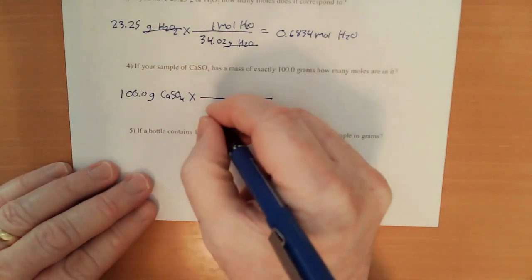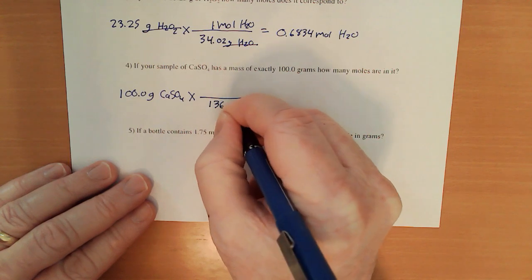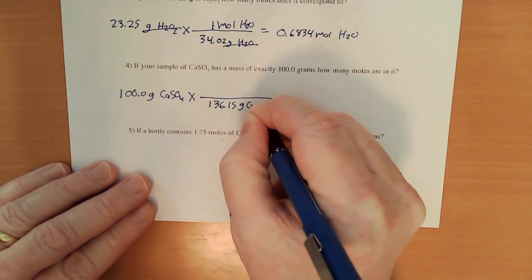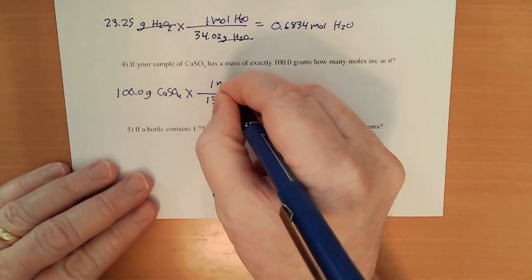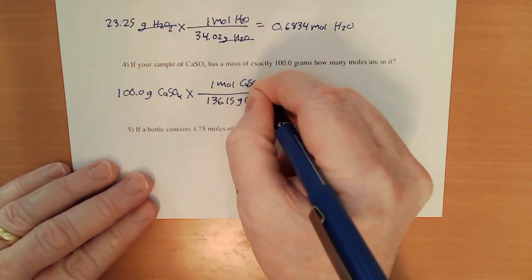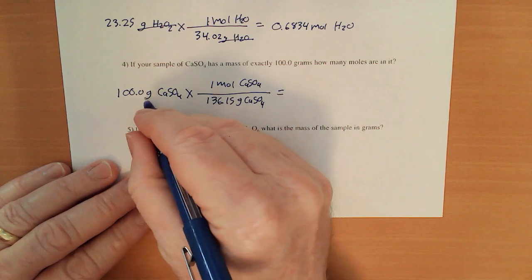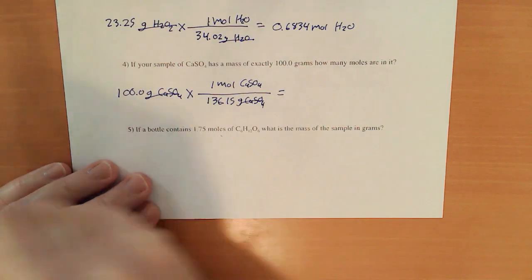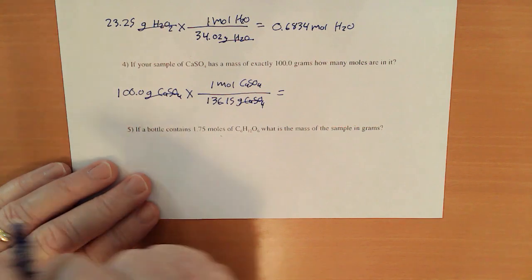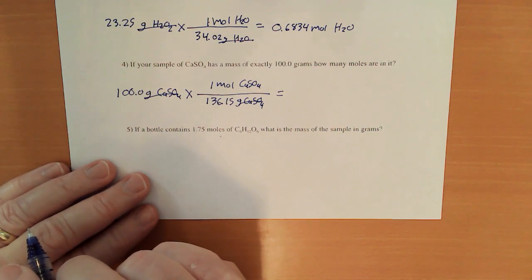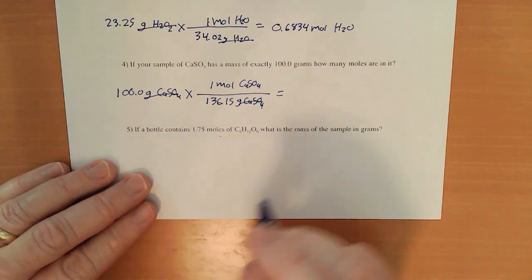So downstairs, so it cancels, 136.15 grams CaSO4, 1 mole CaSO4 upstairs. Grams cancels, and when I run that through my calculator, with 4 sig figs, it's 0.7345.